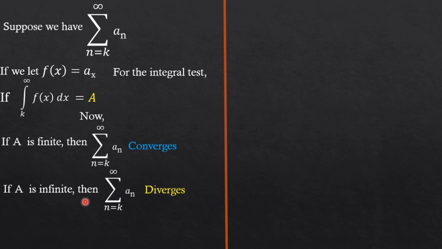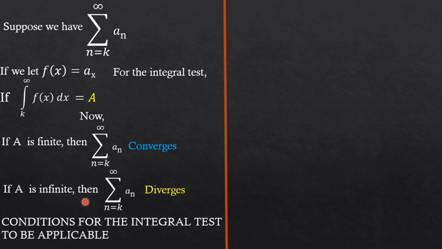Great. So let's lay some conditions under which we can use the integral test, because we cannot use the integral test for all series. There are some conditions that must be met before the integral test is valid. In the very first place, in the interval from k to infinity, a_n must be positive.